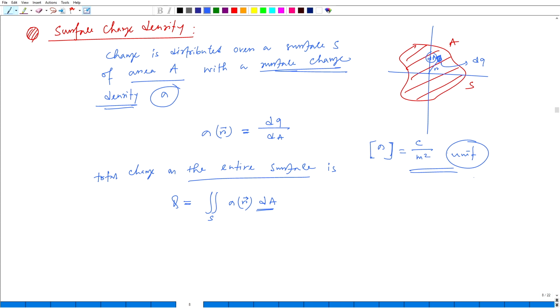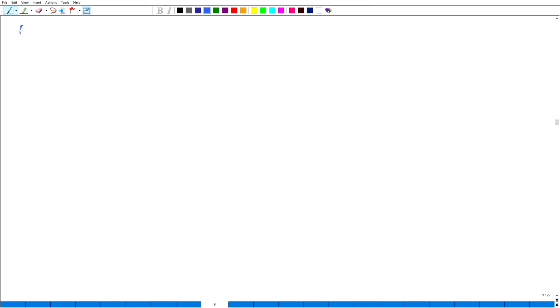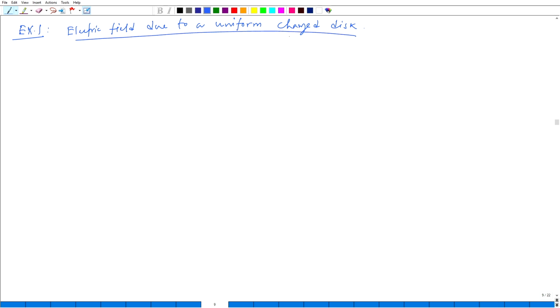Example: electric field due to a uniformly charged disc. Here we consider a disc instead of a circle or ring, because we consider the surface charge density.